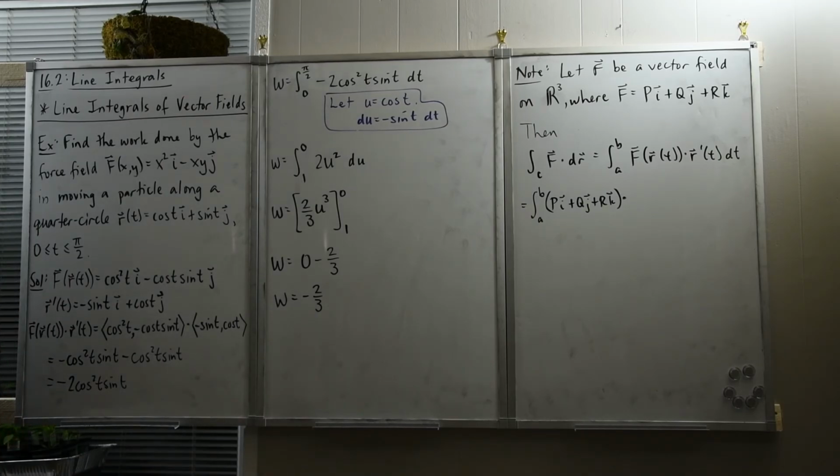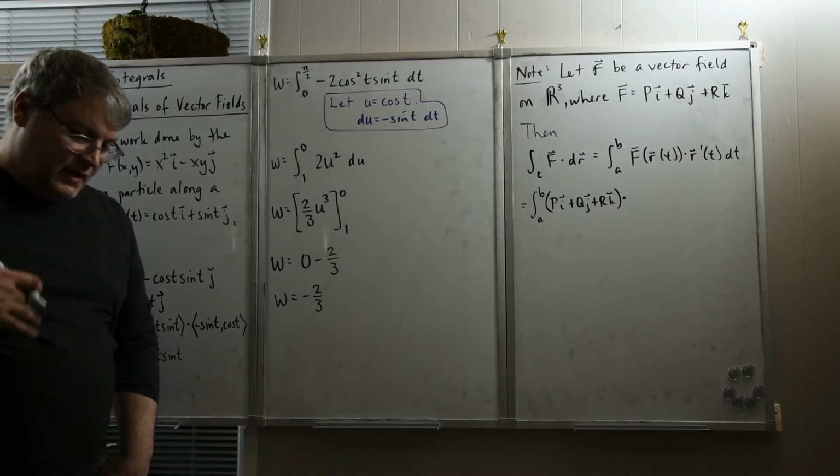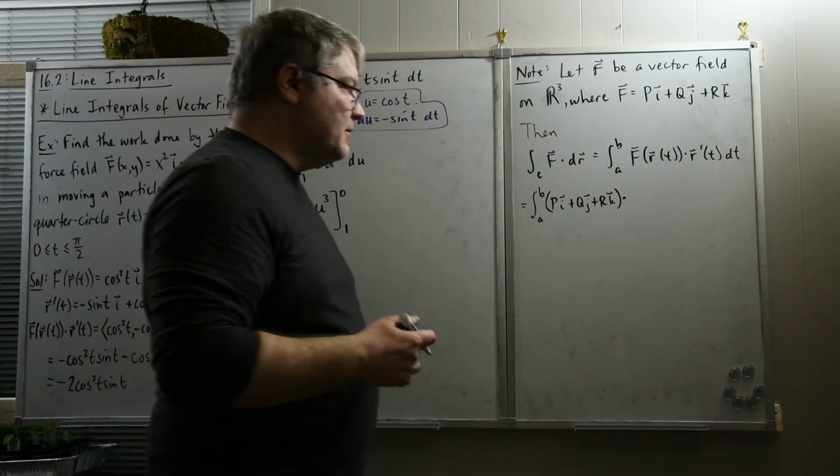Now if you think about what r prime is, the components are going to be x prime of t, y prime of t, and z prime of t.